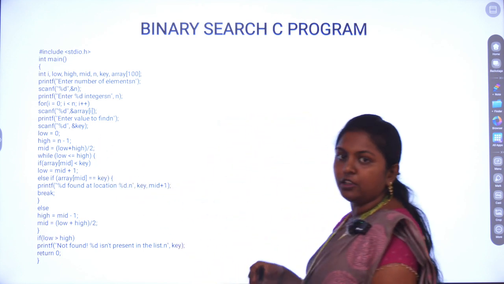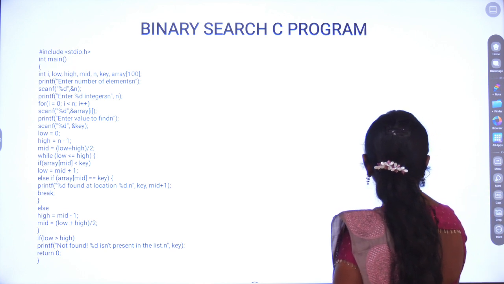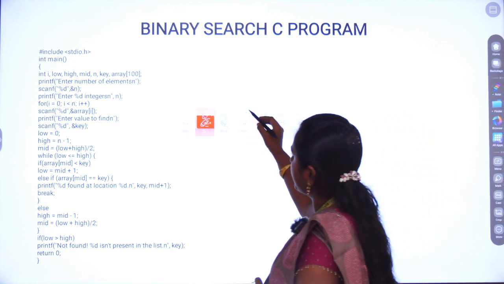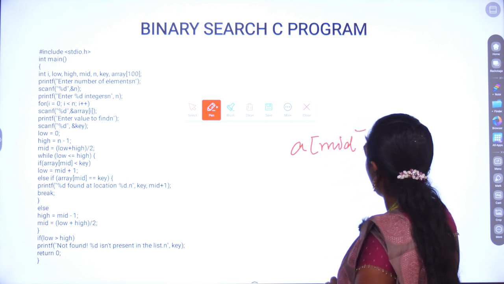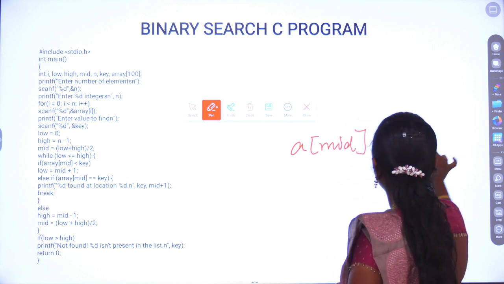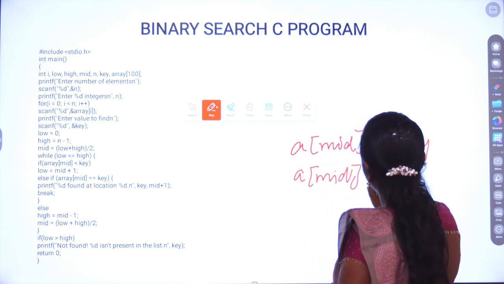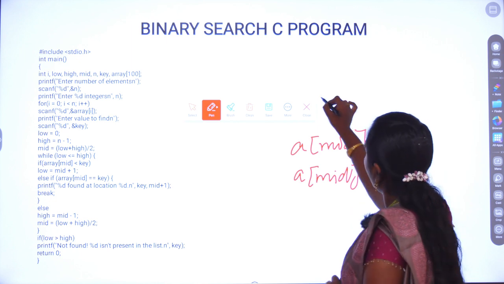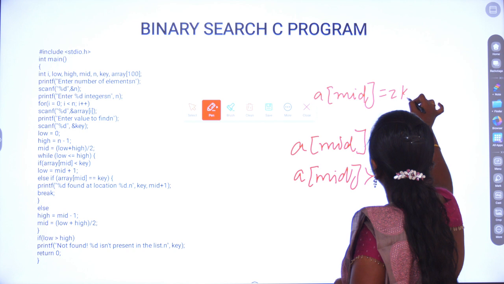After that, there are 3 cases as I have already mentioned. Those are: array of mid is less than key, array of mid is greater than key, or array of mid is equal to key.